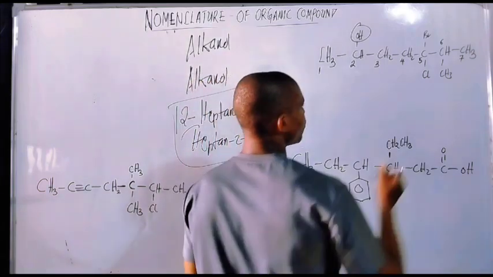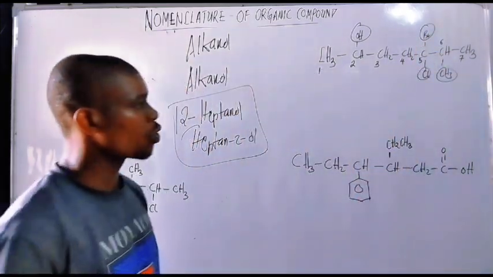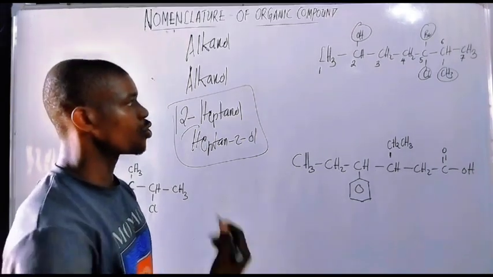So here we have bromo, here we have chloro, here we have methyl. Bromo will come first before chloro, before methyl, right? So arrange them alphabetically.